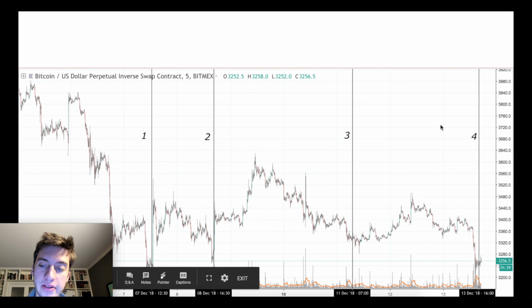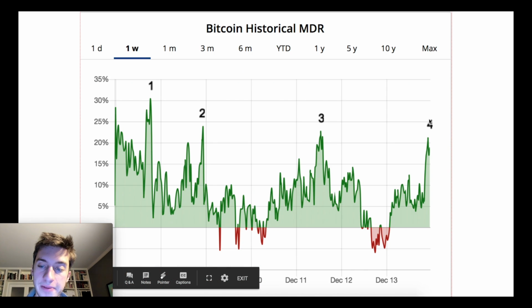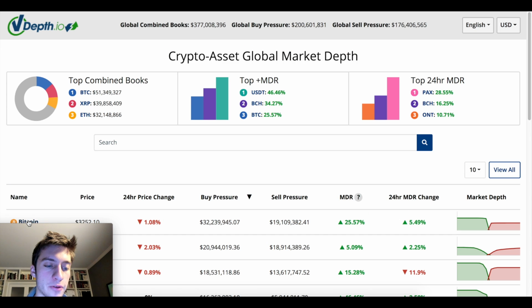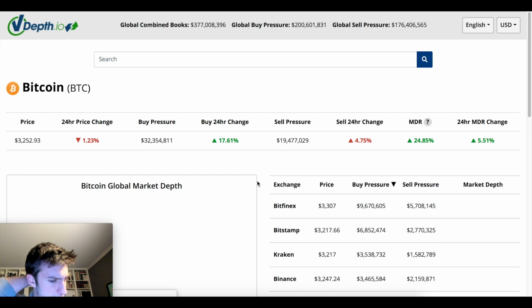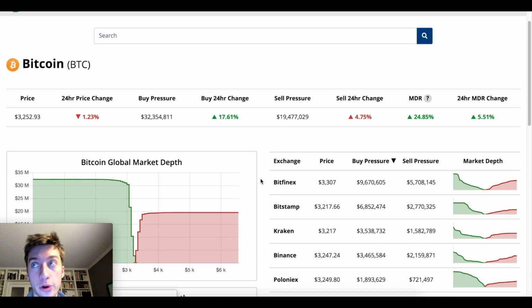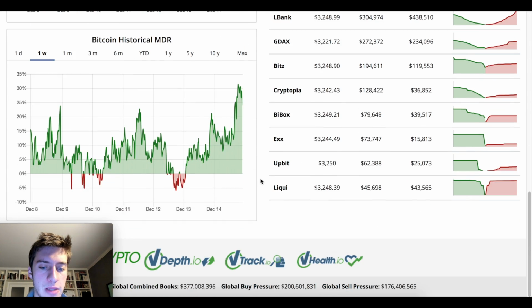And the fourth point is, I guess we'll see. The current MDR for Bitcoin is, I think, like 30%, which is, I believe, the weekly high. So Bitcoin had recently made its weekly high for MDR. But let me go make sure.